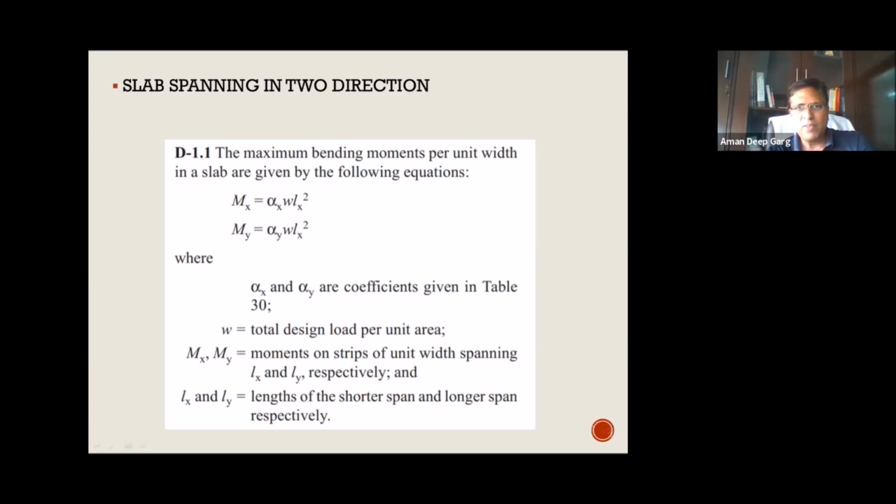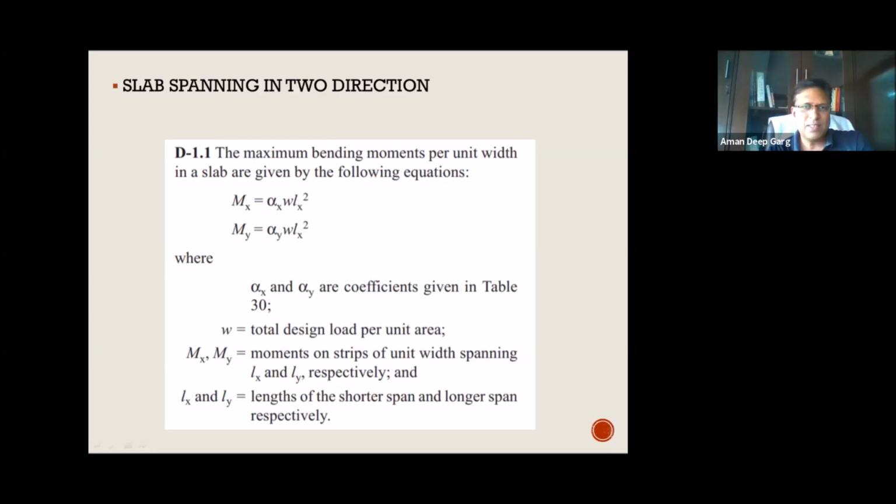For the 4 meter span my strip will deflect 8 millimeter. Now if I forget my mathematics and just put the condition, what would happen? The slab has to go down anyway, so with the load the slab will start deflecting as per the load, and first it will deflect 1 millimeter, 2 millimeter, 3, 4, 5, 6 millimeter.